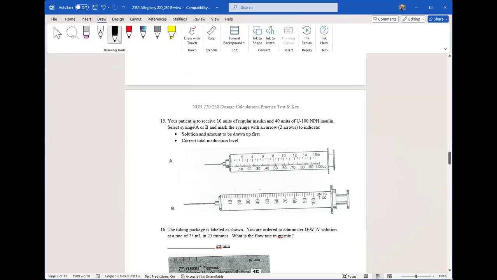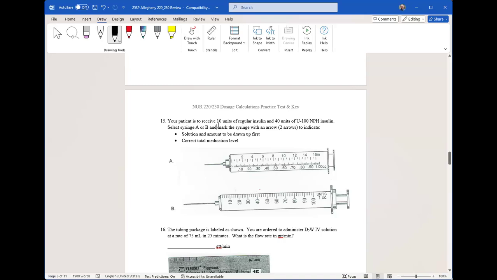Okay, so for this question, I agree with you if you're sitting there and it drives you nuts. On the shared OneDrive folder, I have a PDF that shows you how to mark it or how it's supposed to look, because sometimes when I draw it out, it doesn't look as clean and crisp.